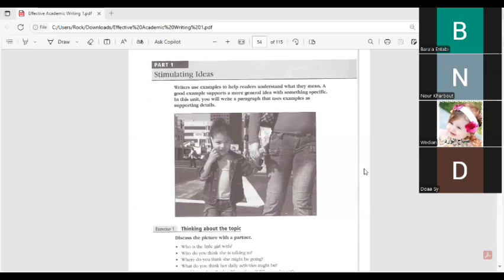Okay. So we see, as your friend said, that there is a little girl holding hands with an adult, maybe her parent. The girl appears to be smiling.